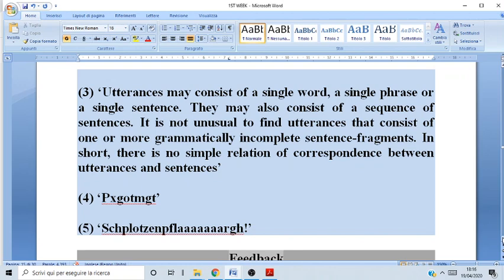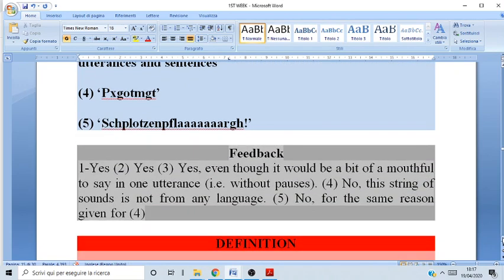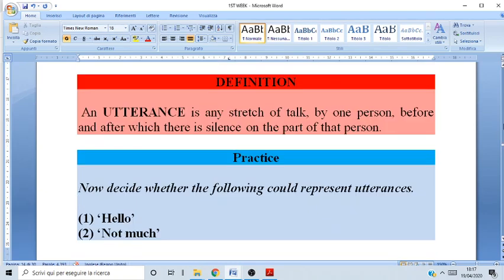And then 4 and 5. Whatever and shaloa whatever. Let's look at the answers. So, yes, number 1 is an utterance.